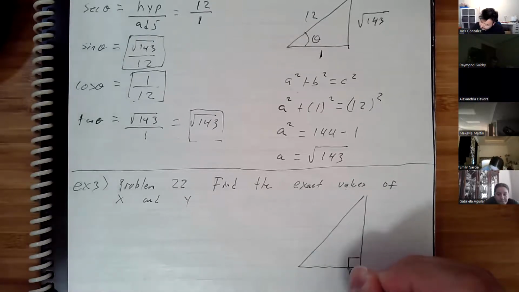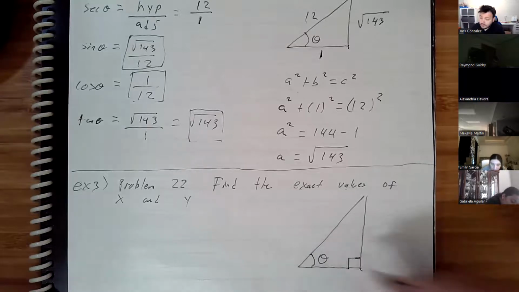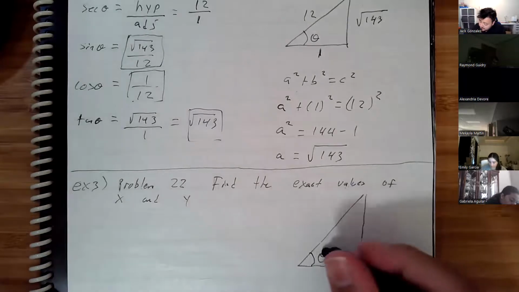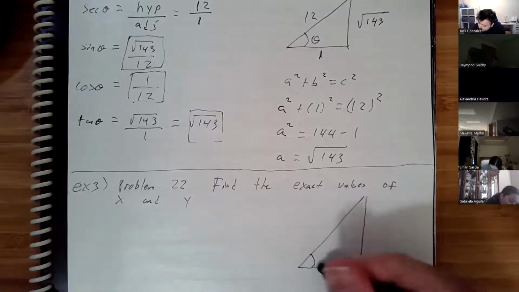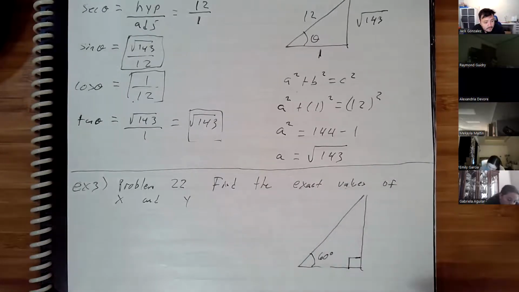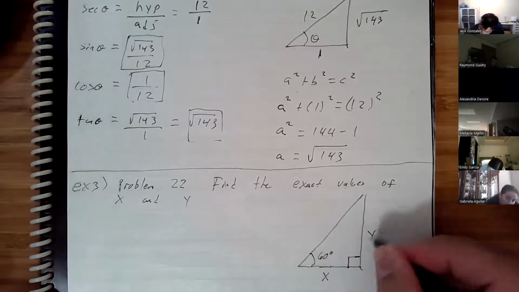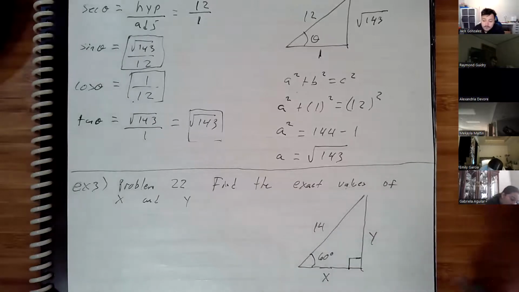This symbol right here, I'm sure you know already, means it's a right triangle, a little box. They give us some theta. Actually, they give us 60 degrees here for theta. So I'm just going to write the 60. That's our angle. X is the horizontal. Y is vertical. Opposite and adjacent, right?